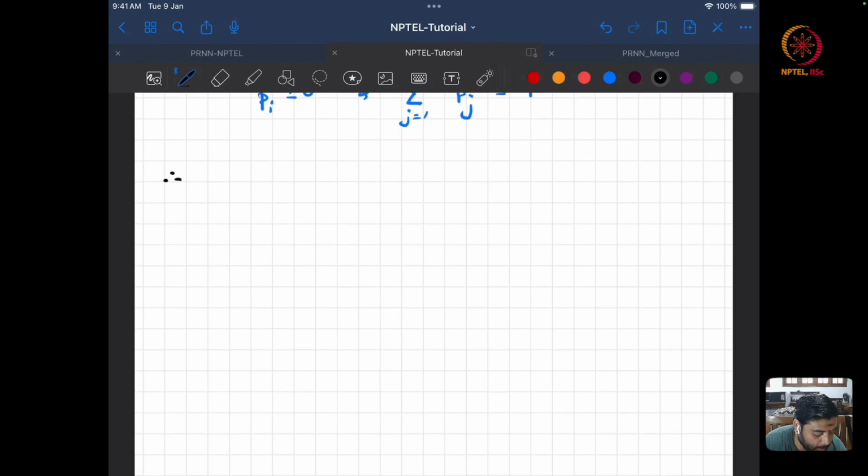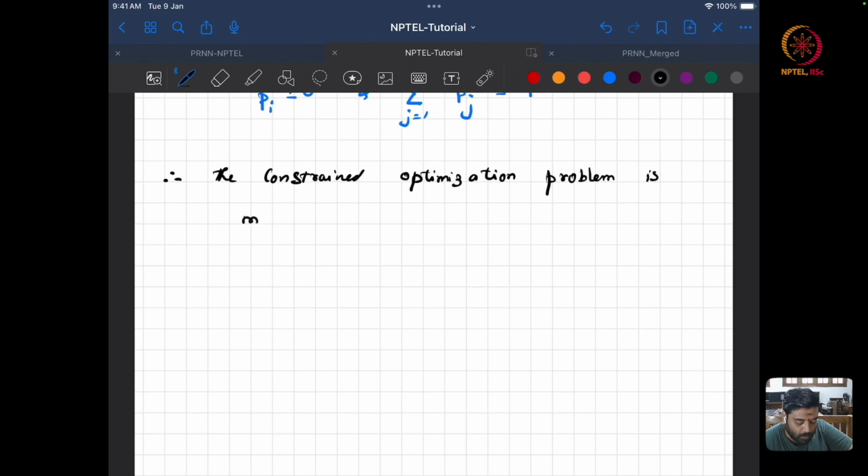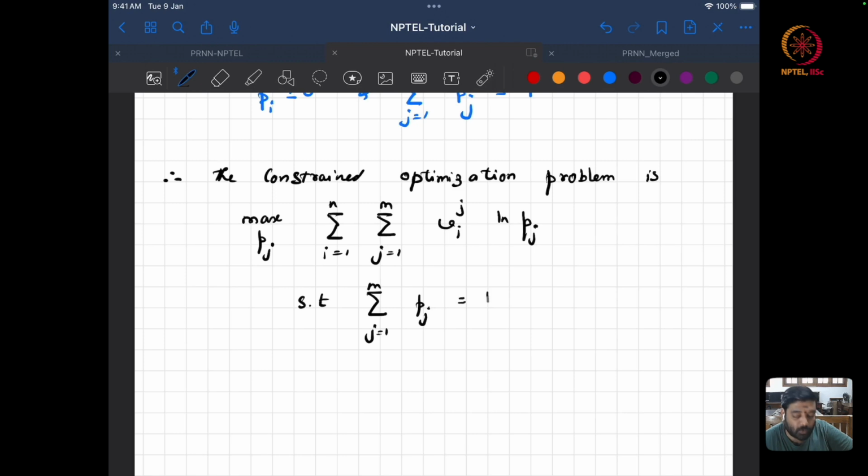Therefore, the constrained optimization problem is: max over Pj of the summation i equals 1 to n, summation j equals 1 to m, Vij log of Pj, such that the summation over this equals 1.